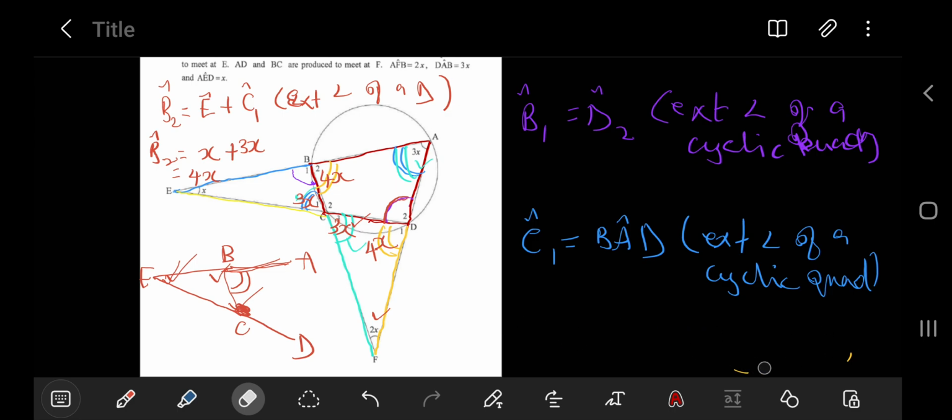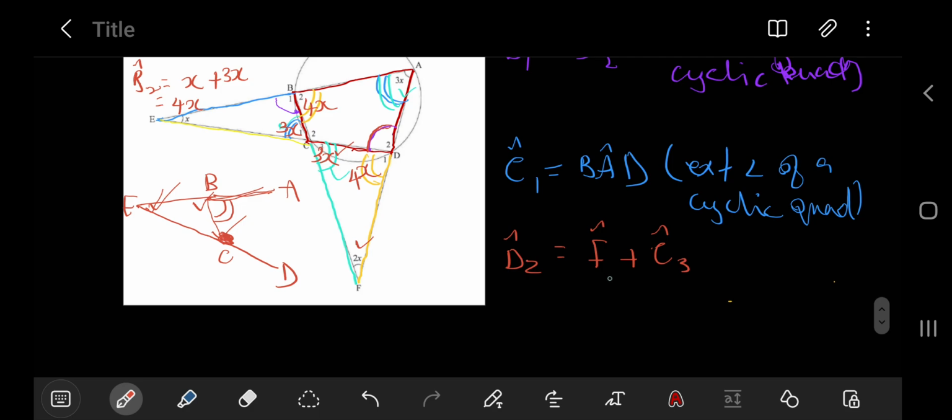It means that angle D2 is equal to the sum of the two opposite, right, which is angle F down there plus C3. That was C3, okay? And angle F is given as 2x plus 3x. Therefore, that is 5x. So D2 is 5x, right?